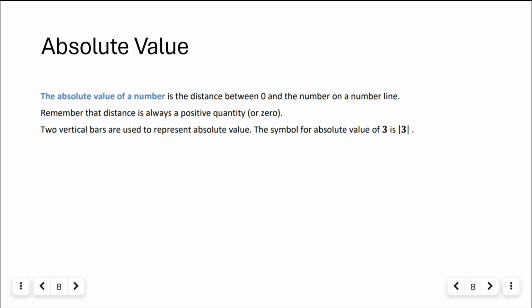Remember that when we talk about absolute value and distance, distance is always a positive number or 0. Think about distance as being the miles you travel in a car. The odometer in your car is the thing that measures how many miles your car has gone. That number never goes down.